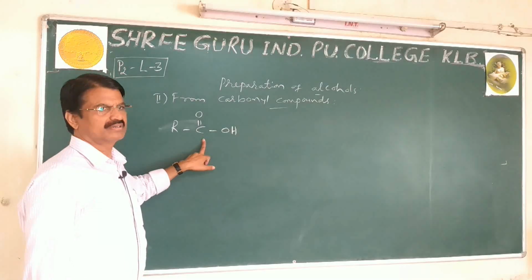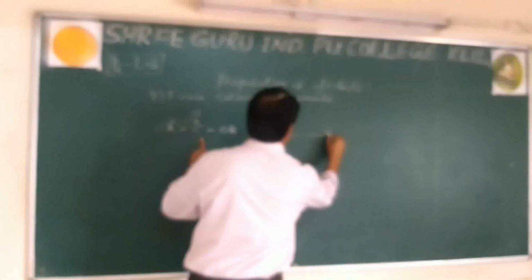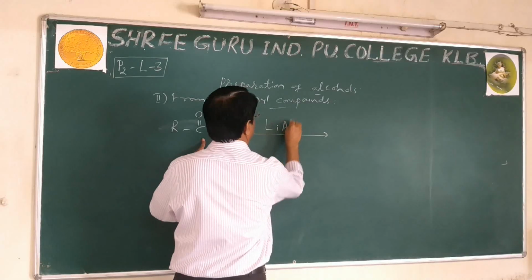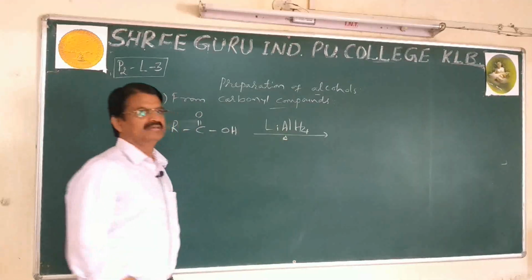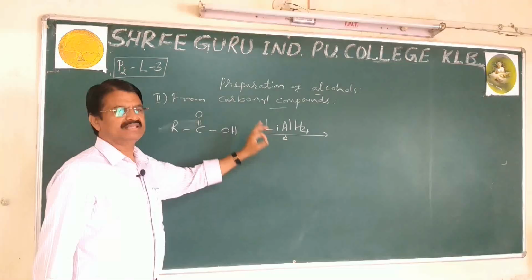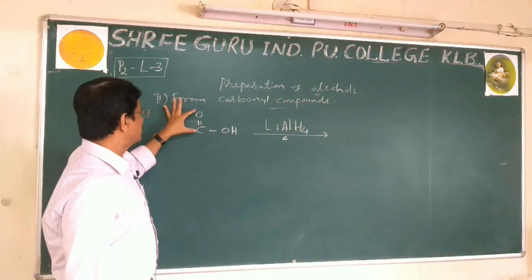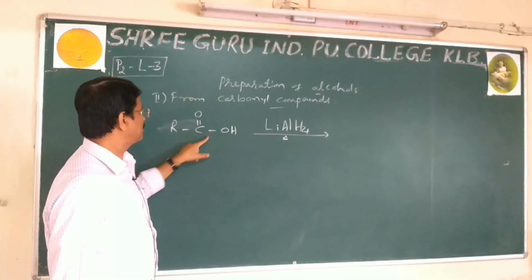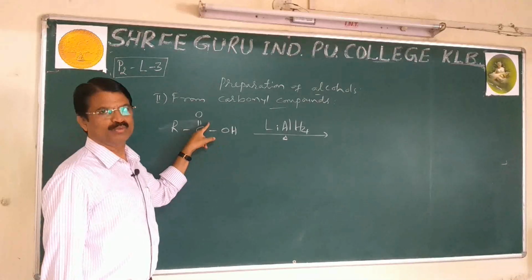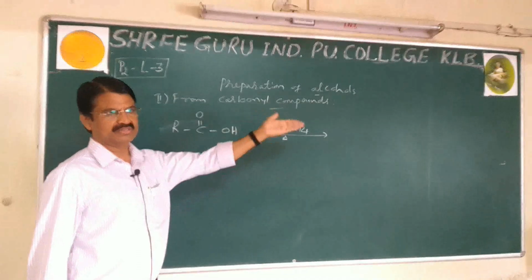This compound is called carboxylic acid. Then lithium aluminum hydride, the best reagent. It is used to convert the carbonyl group into a CH2 group. Carbonyl into CH2.